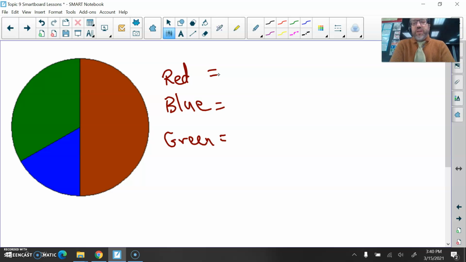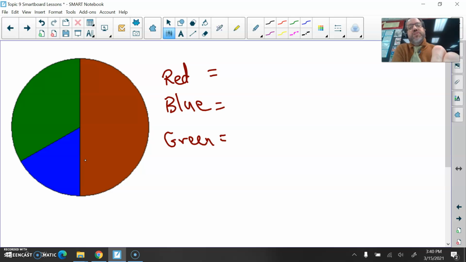You know, the easiest one here is probably the red one, right? The red one looks like it's the easiest to estimate because it looks like it's about half of the total circle graph. Does this line coming through here look like it's perfectly straight? It's very close to it. It looks like it might be a little bit less than half, but it's very, very close to half of the circle graph is red.